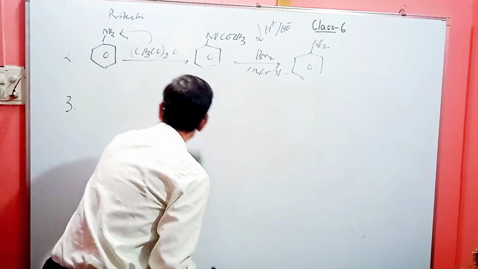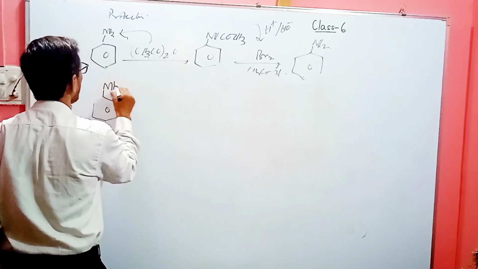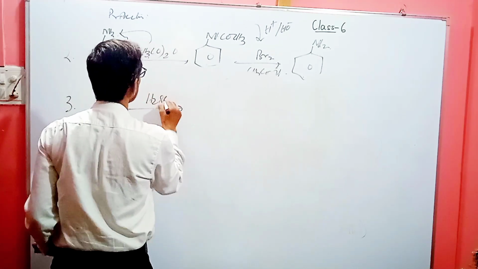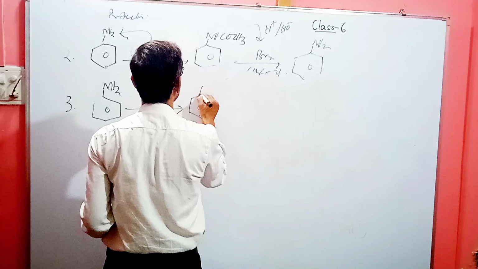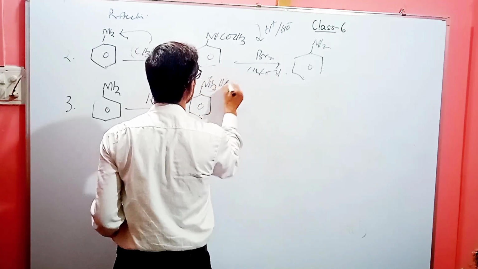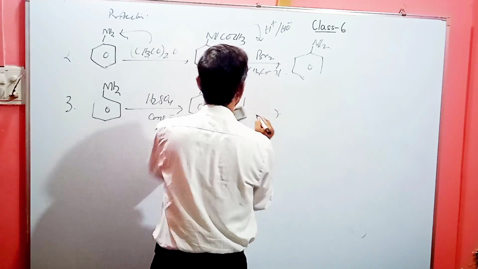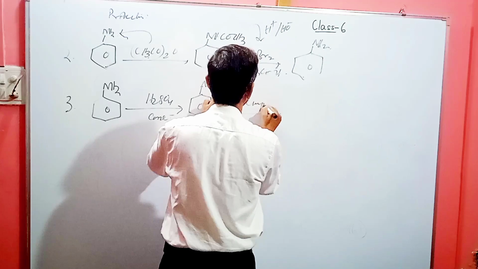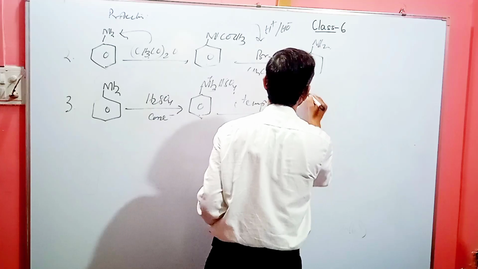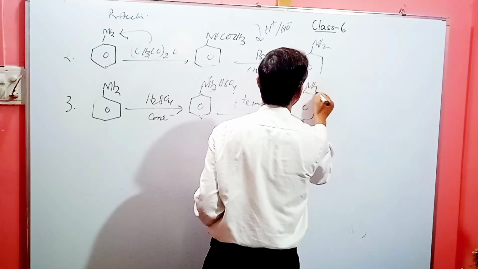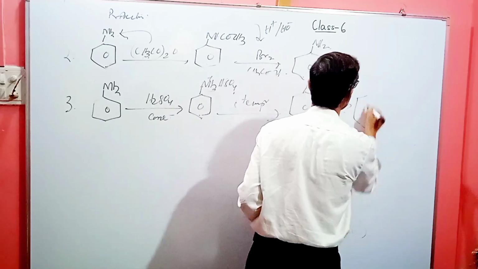So in this way, if you use sulfuric acid alone with aniline, sulfonation with concentrated H2SO4, the reaction occurs like this. On heating at a temperature of about 400 or above, we get this one, and it is always in equilibrium.